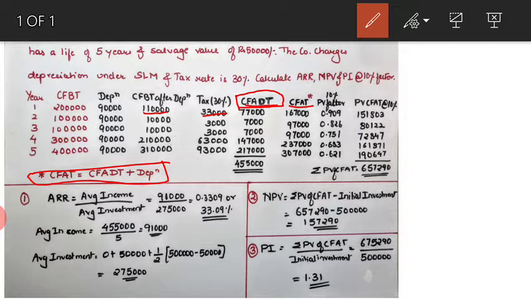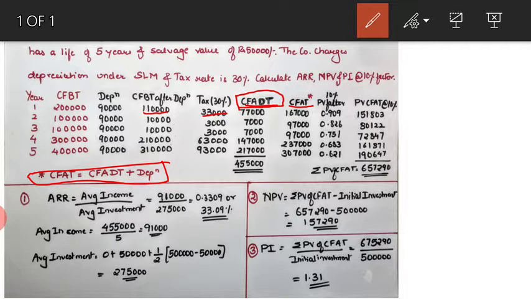Because understand students, depreciation is a non-cash expense. We do not spend any money or there is no cash flow involved in depreciation. So we cannot deduct it. Then the question is, why did we deduct it? We deducted it to save tax.